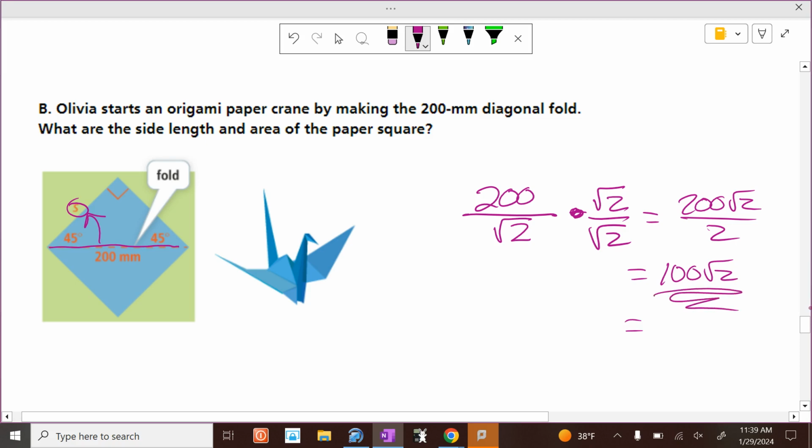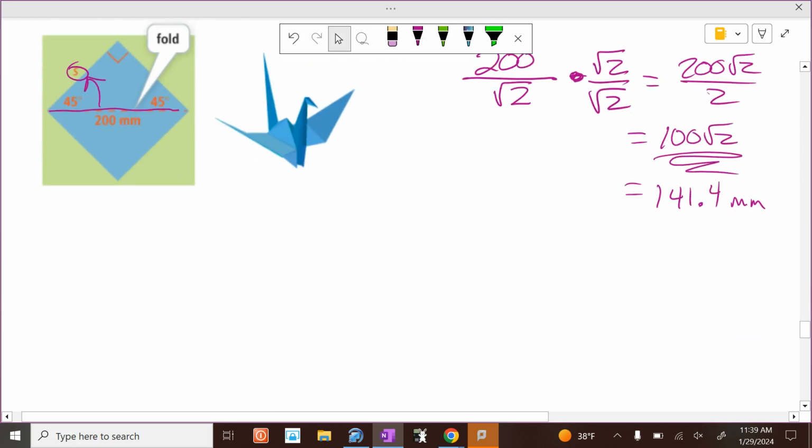This is the exact answer. So if they're asking for an exact answer, you use a radical. If they're asking for a decimal rounded to the nearest tenth, let's round to the nearest tenth. What do we get? 141.4. Okay? So that's how many millimeters the side should be.